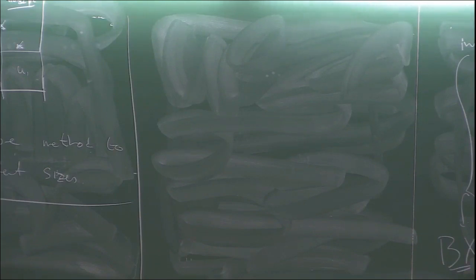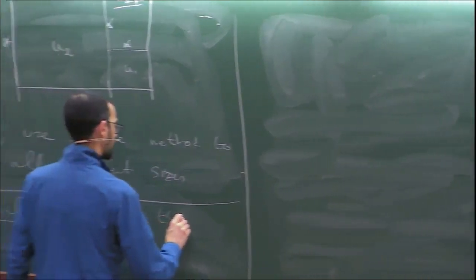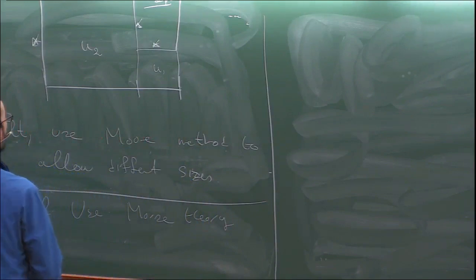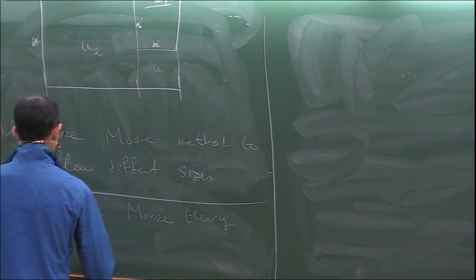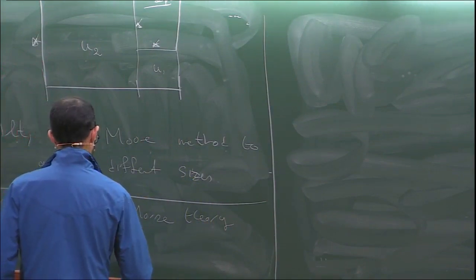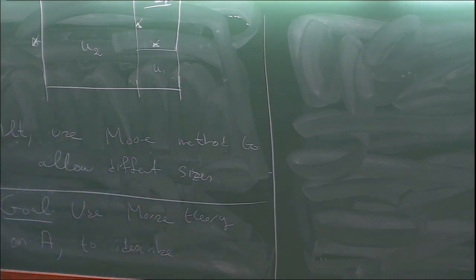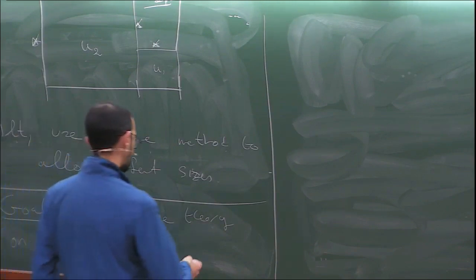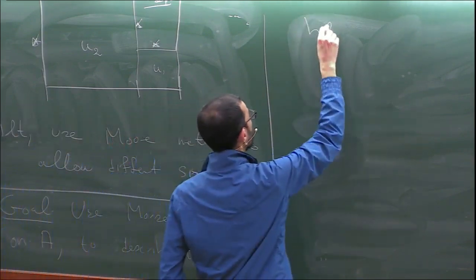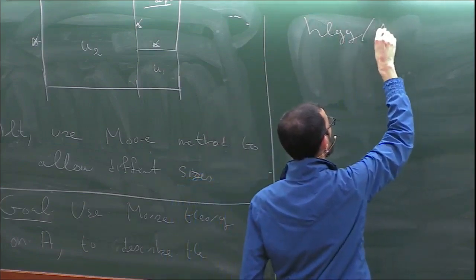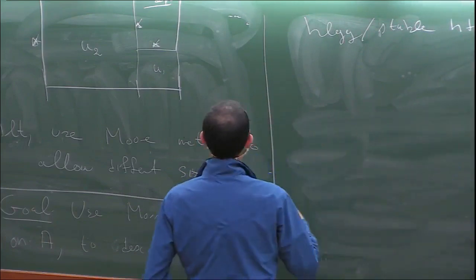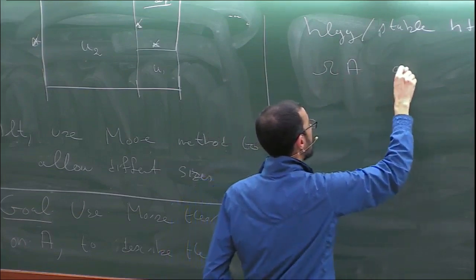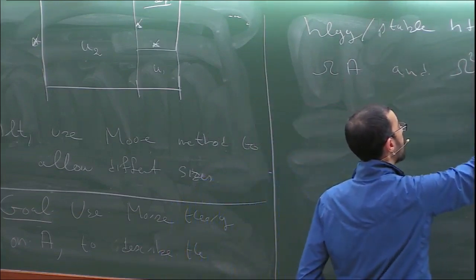Goal: use Morse theory on the base, on A in this case, to describe the homology or stable homotopy type of this loop space, of loop A and loop relative XA.